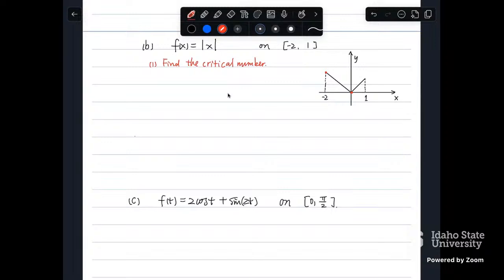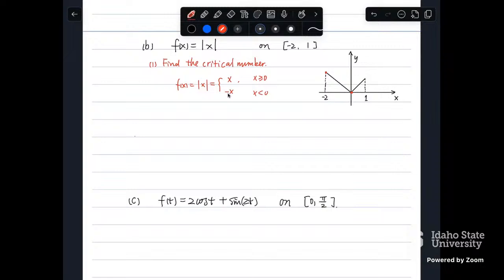If you think about the absolute value of x, you can write it in two parts: when x is greater than or equal to 0, and when x is less than 0, that's a negative x. We discussed this in chapter 2 when we talked about limits.